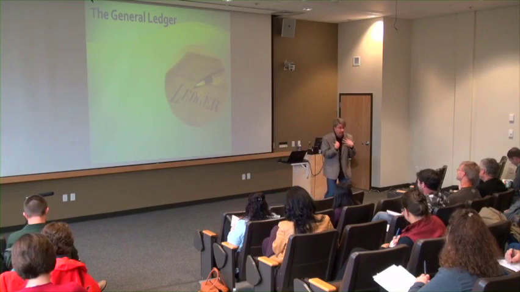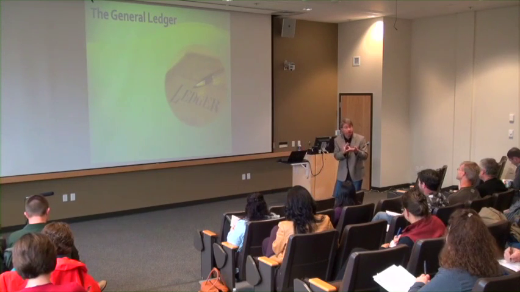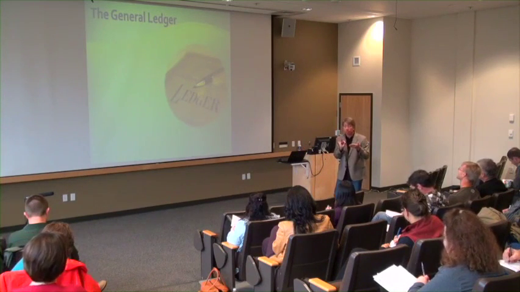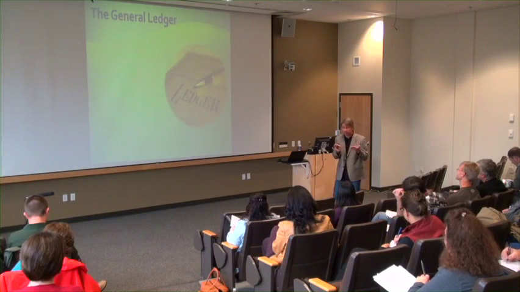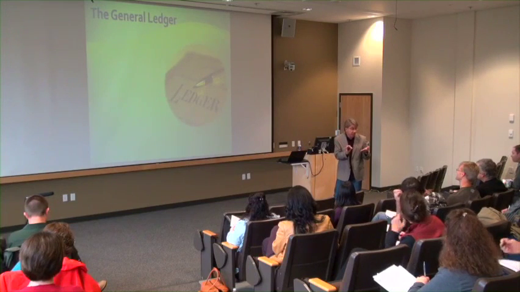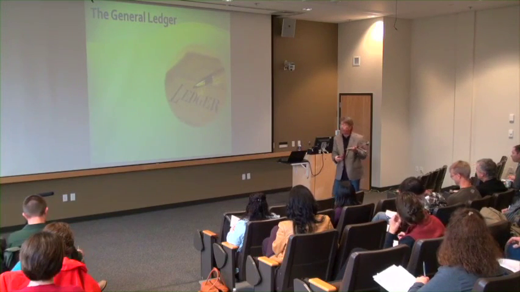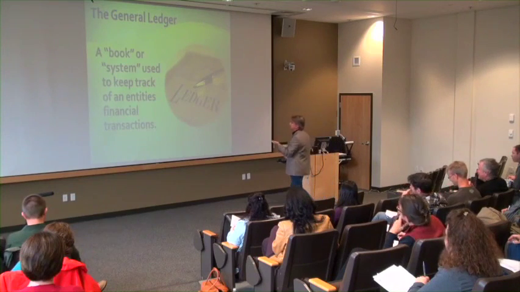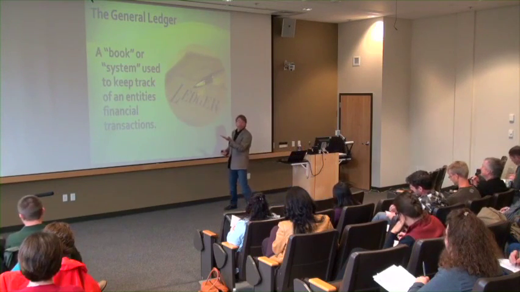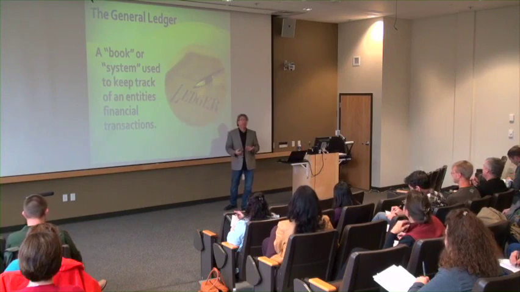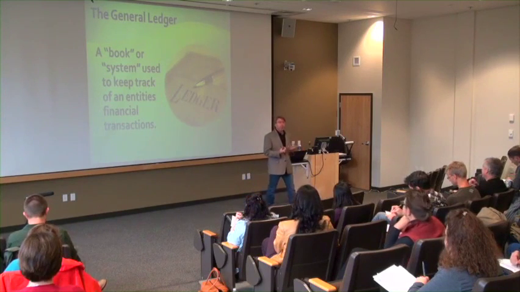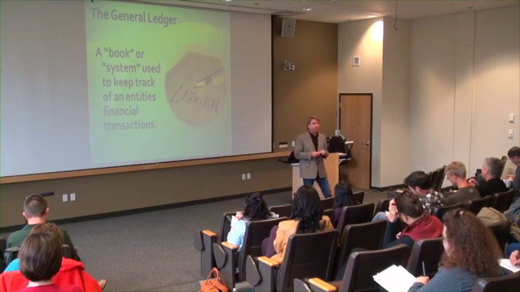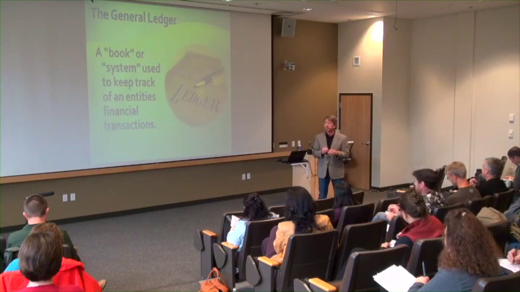In fact, I believe there should be a font called accounting font because it was so nice. Like draftspeople that did drafting, they have really nice font too, right? Yeah, it's a book. And today, usually it's a system, software like QuickBooks and others, that has a structure where we keep track of an entity's financial transactions. So that's what a general ledger is.